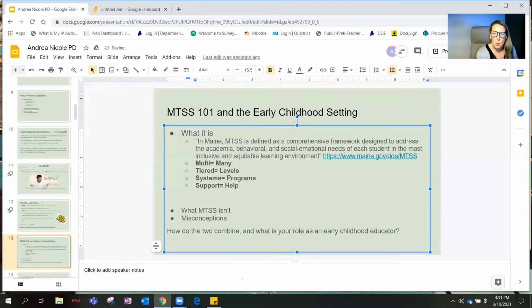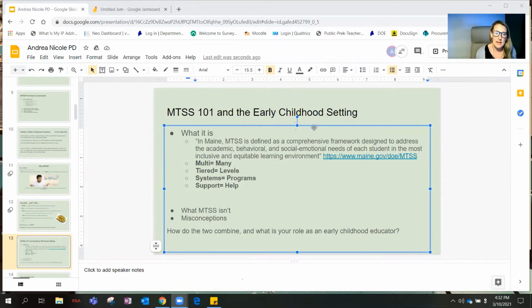So now when we think about what MTSS is in the early childhood setting, this is where we break it down. We can make it simpler. Multi-tiered systems of support is the same thing as many levels of programs that help, right? It doesn't have the same flow, but it certainly means the same thing.